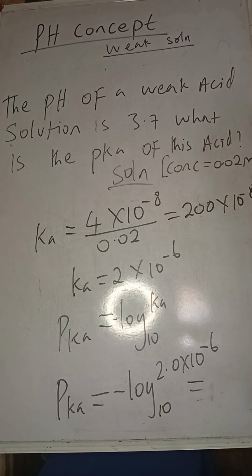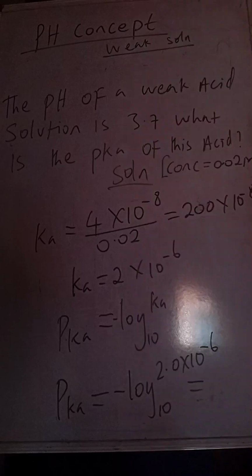When you do this, you get your pKa. Let me just do it for you: minus log 0.000, so that should be 6.